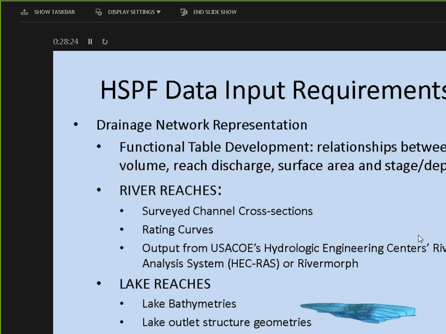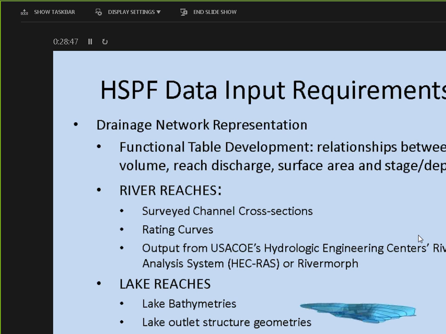So the third type is the drainage network representation, and our goal here is to determine relationships between how much water is in the reach and how quickly is the water leaving the reach. And so again, HSPF, the hydraulic model, we rely on hydraulic models to determine those relationships for us.